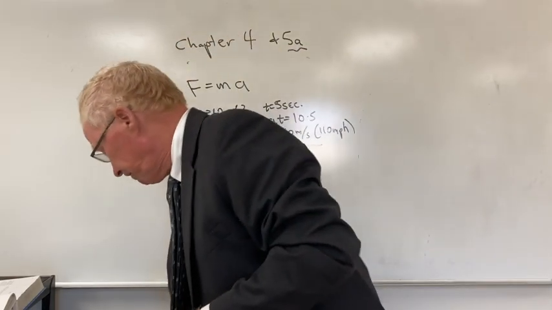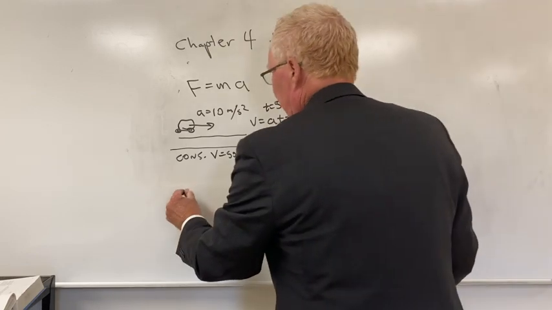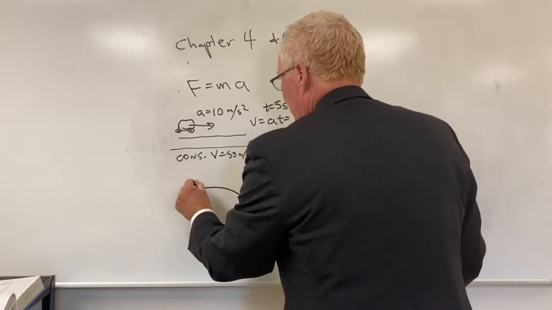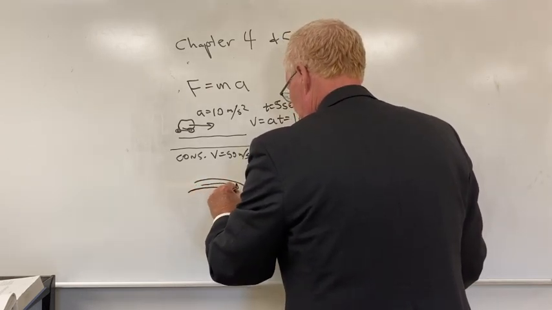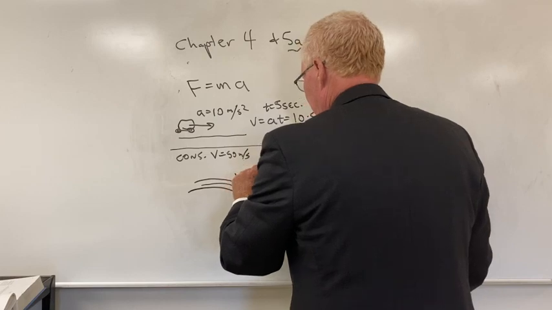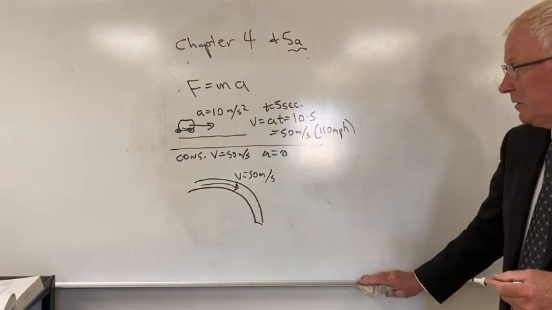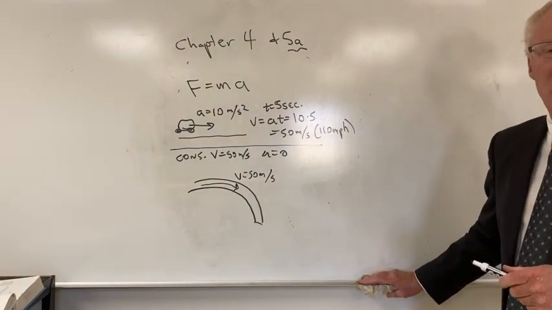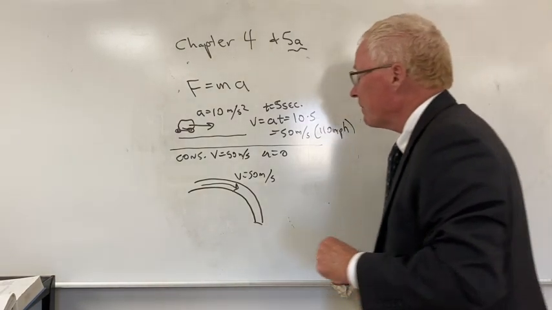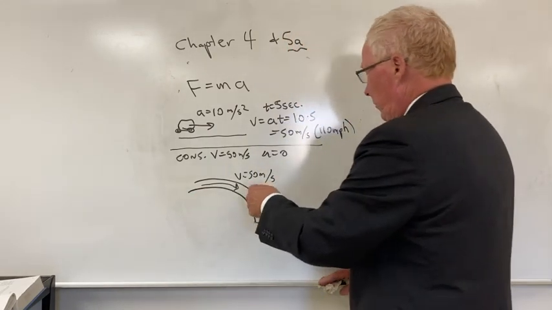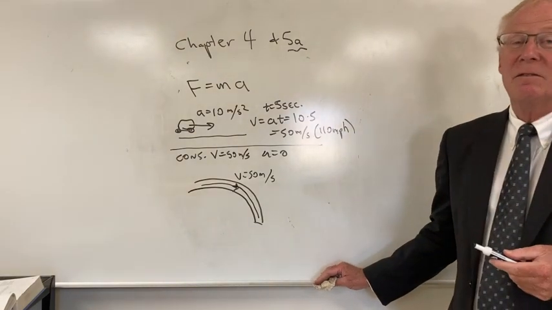Now, another case, which we talked about earlier, is moving in a circle or making a hard turn. If you're moving at, say, V is 50 meters per second on a hard turn, like in the Indy car race video from one of the quizzes, where they're driving around the Indy 500, and you're looking at your speedometer going 110 miles per hour on a curve, you certainly are not feeling like nothing's happening.